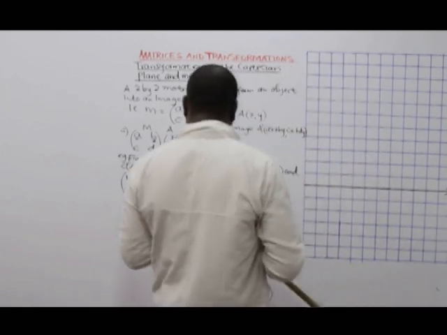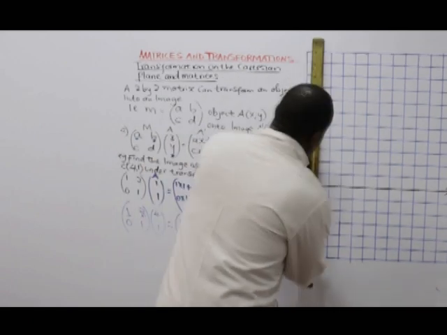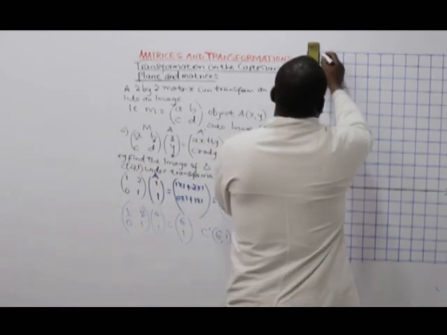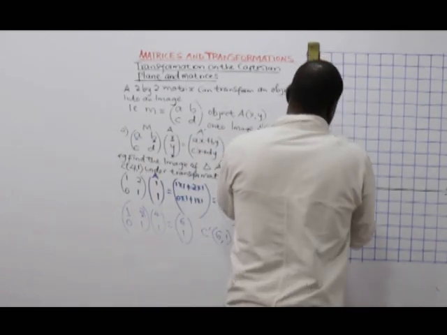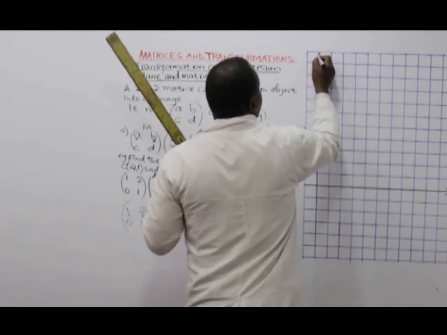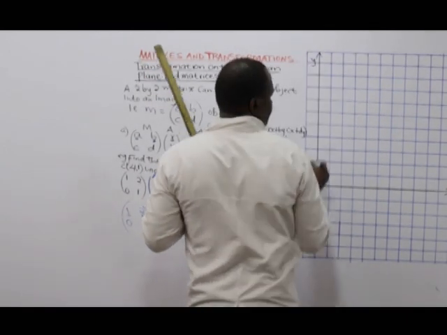That's the x-axis. This is the y-axis. Because there are no negative values, we don't concern ourselves with the other values.